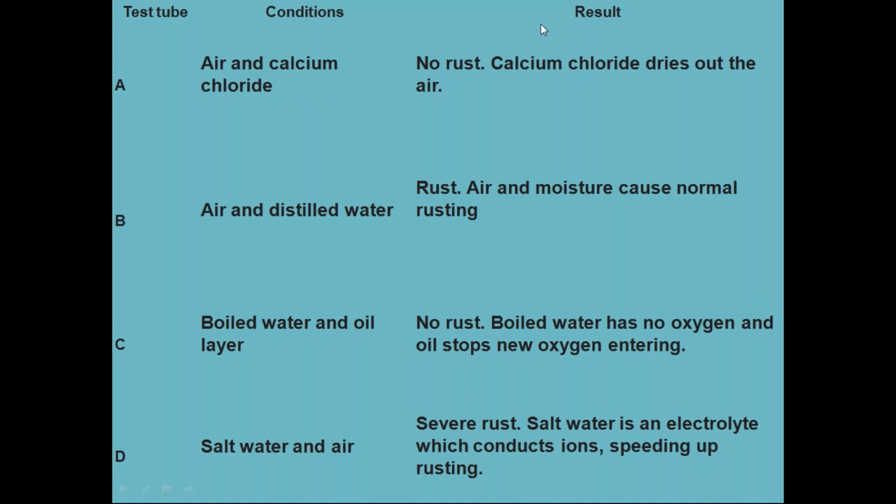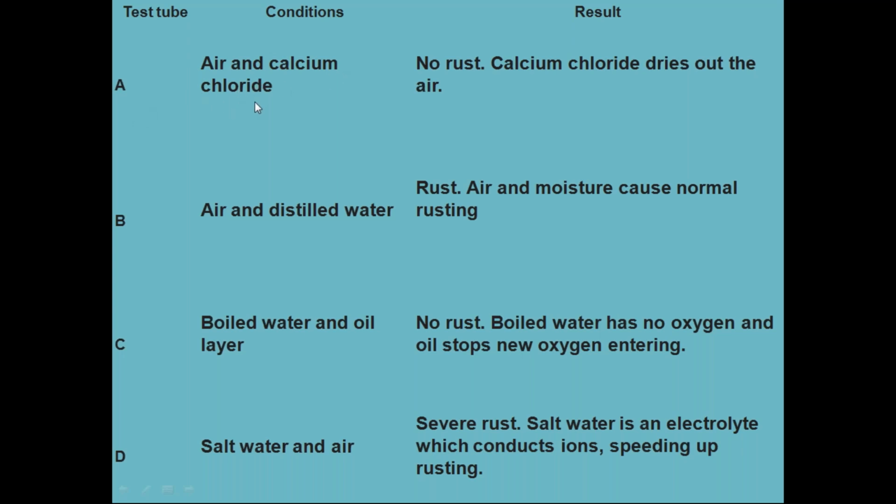In this table, I tried to list down the conditions and the results. It would be better if you yourself come up with the reason why there will be rusting or why there will be no rusting.